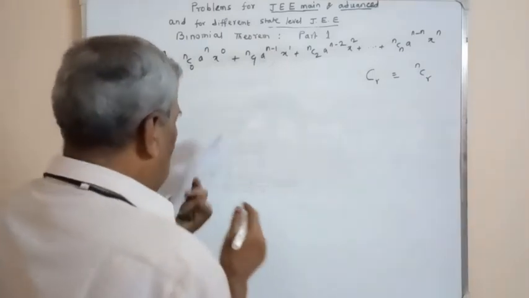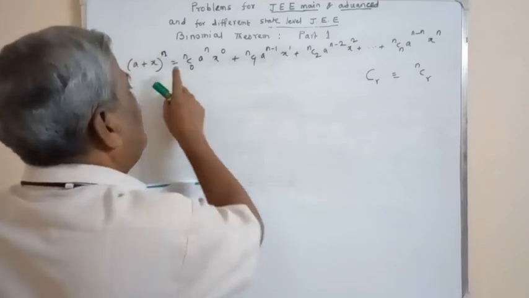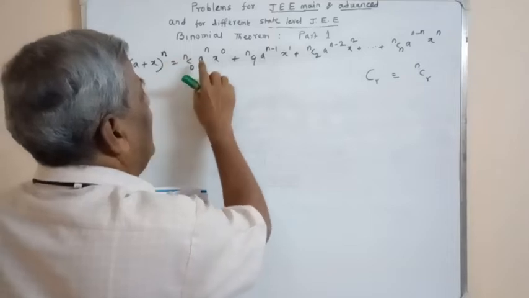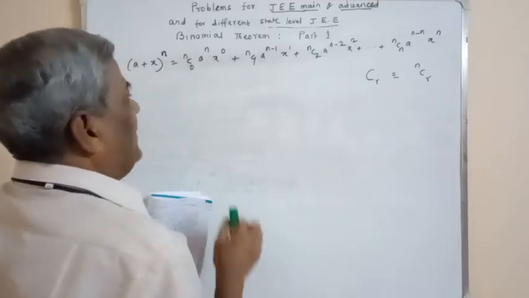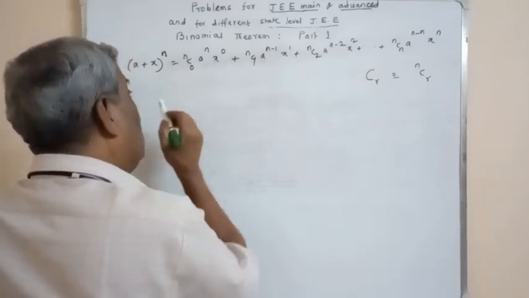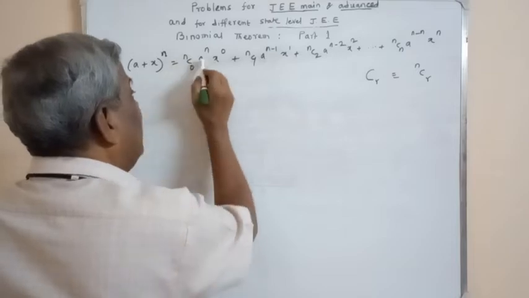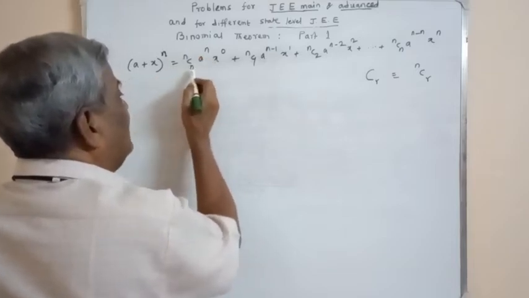Each term, you see, consists of three factors. One is of the type nCr, another is a to the power something, and the next one is x to the power something. If this is nCr, then a to the power will be n minus that.